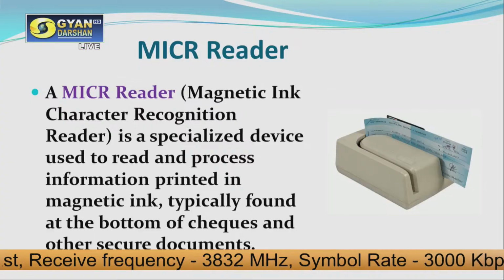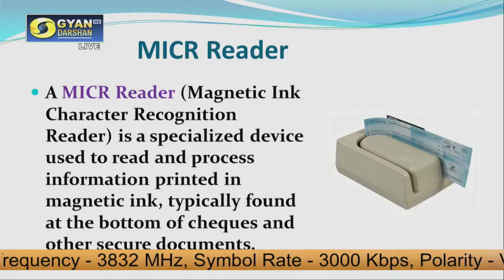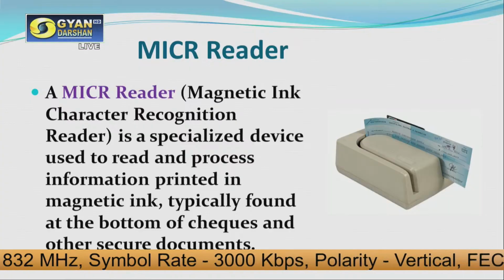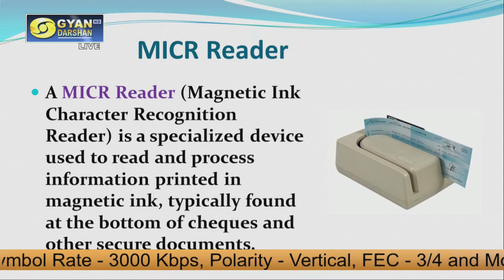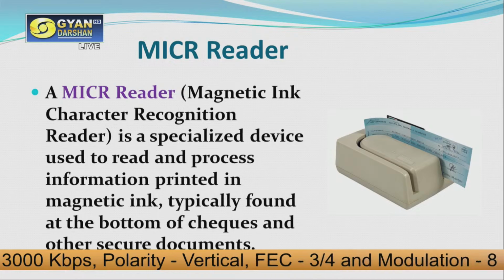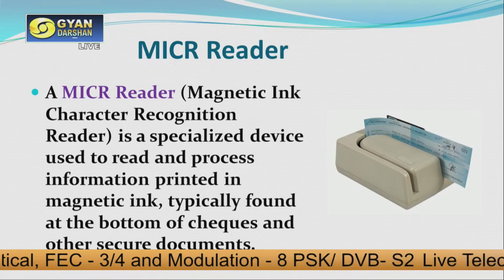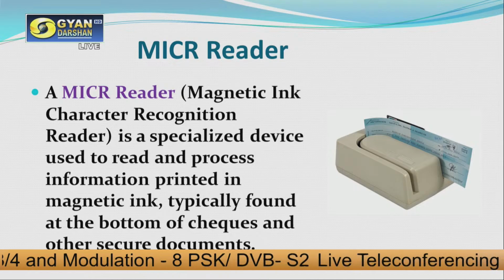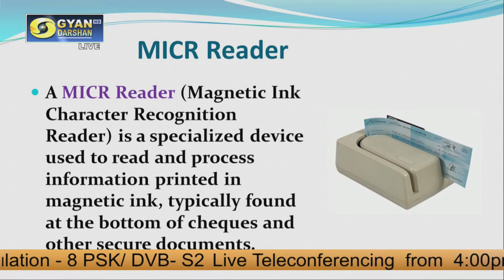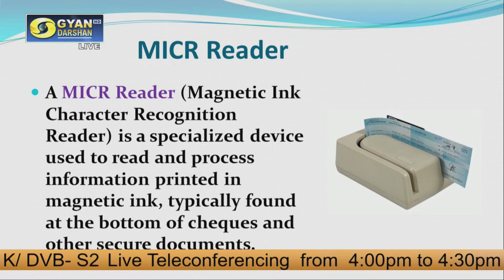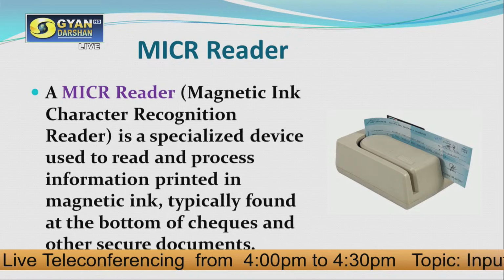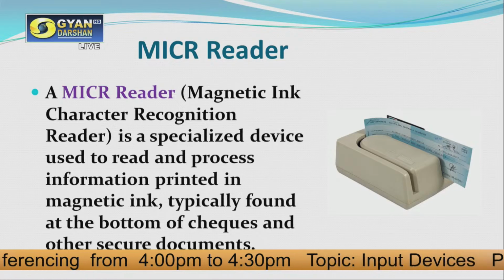The other device you find is the MICR reader inside the banks. Most of the cheques, if you are giving a cheque, this MICR reader is a specialized device used to read and process information printed in magnetic ink, typically found at the bottom of the cheques. The numbers and marks meant for the MICR reader will be scanned and recorded into the system.